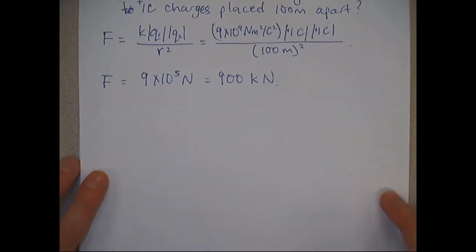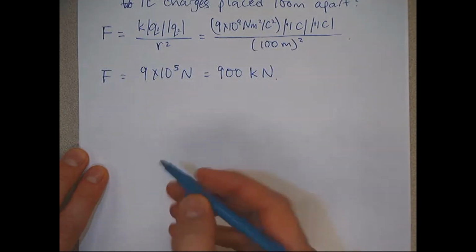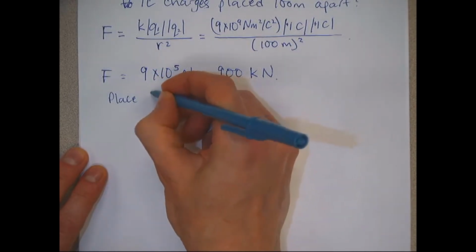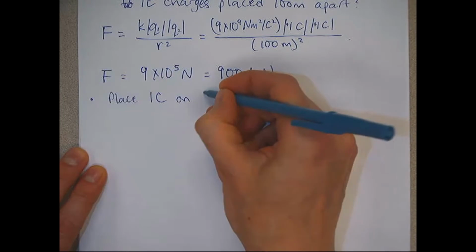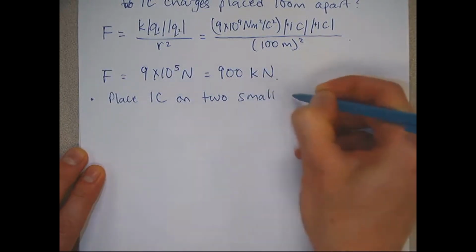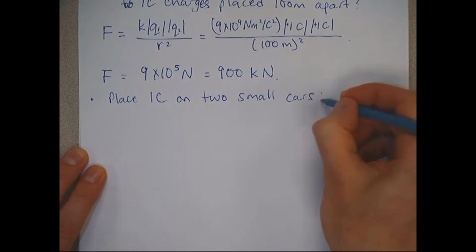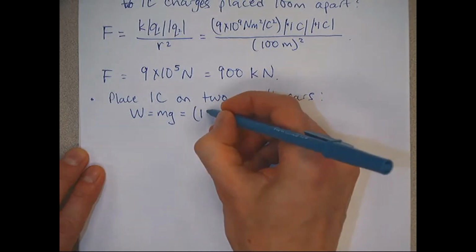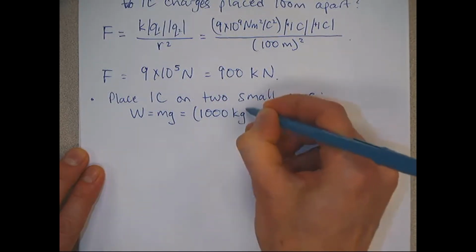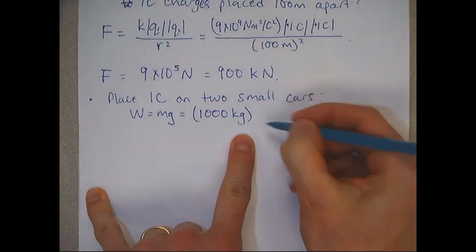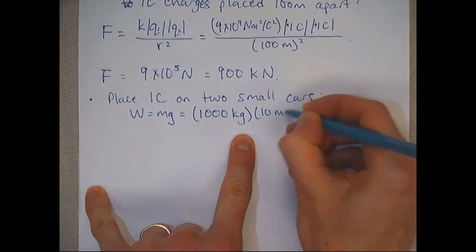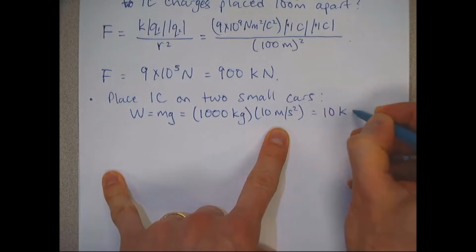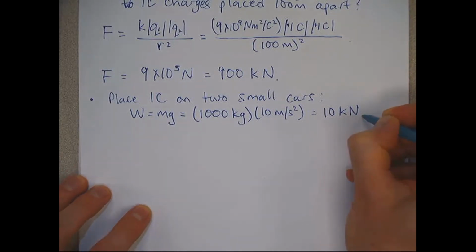If you were to attempt to place this large amount of charge, a full Coulomb, on two small cars, whose individual weights are perhaps 10,000 newtons, if we estimate a small car as 1,000 kilograms or a metric ton, and estimate g as 10 meters per second squared, we get something on the order of 10,000 newtons.